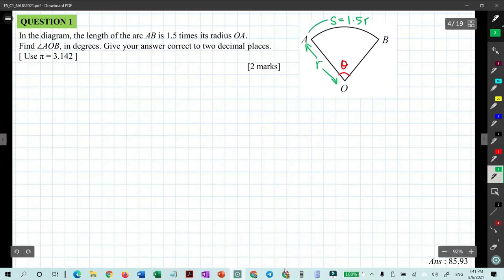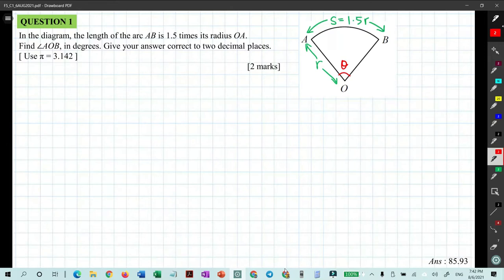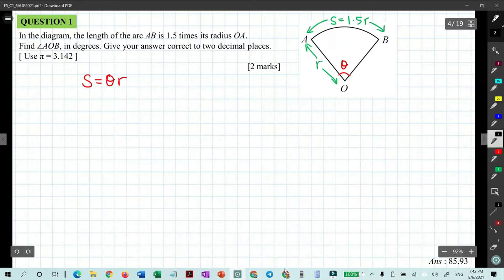So in this case, we already have the arc length, we have the radius, and we have the angle at the center. The relationship between these three quantities can be represented using the formula S equals theta r. So we substitute the information accordingly into the formula.